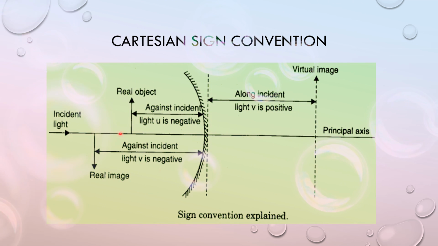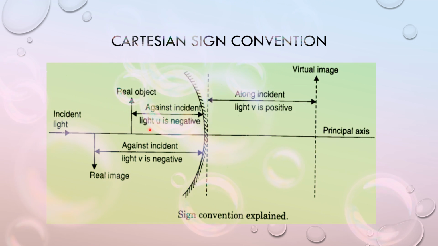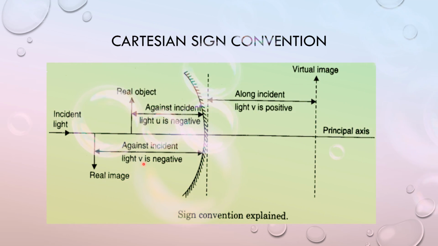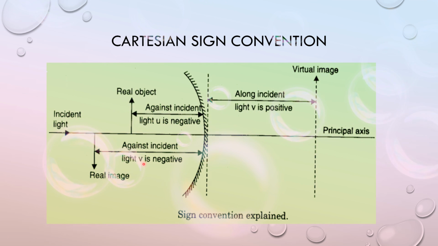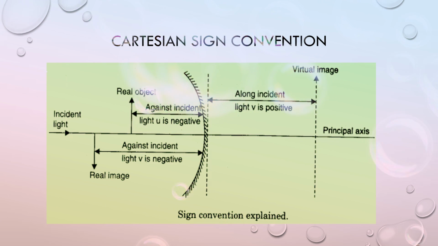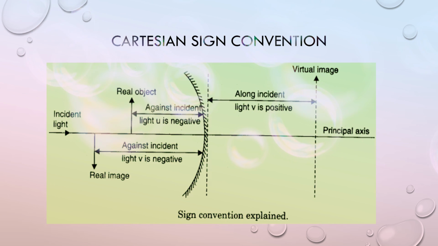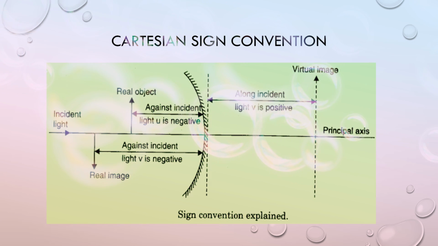So the size of the object is taken as positive, but the image size is positive for erect image only. For inverted image it is negative. So the magnification is also positive for erect, which is virtual images, but negative for inverted real images. So these are the basic things we should remember forever.